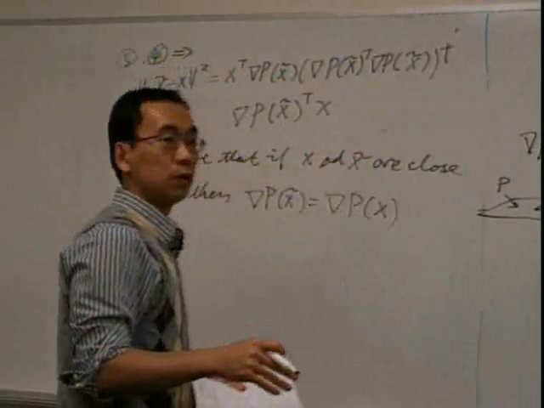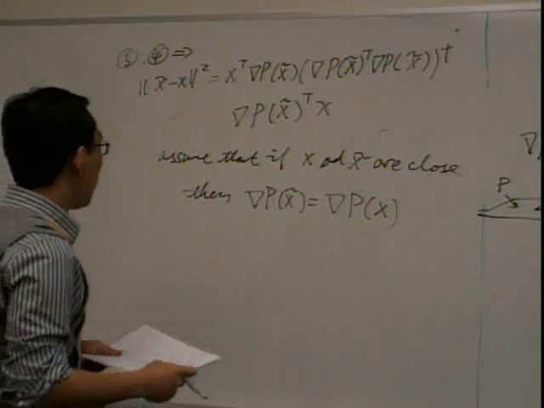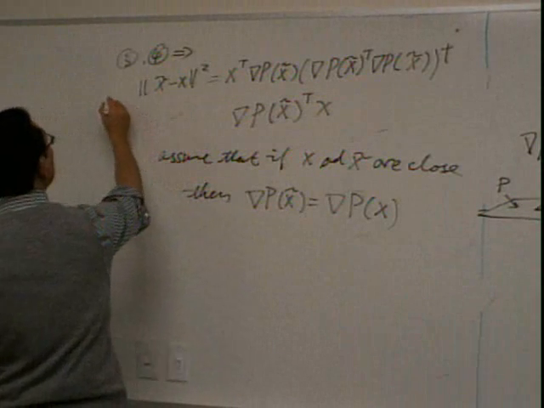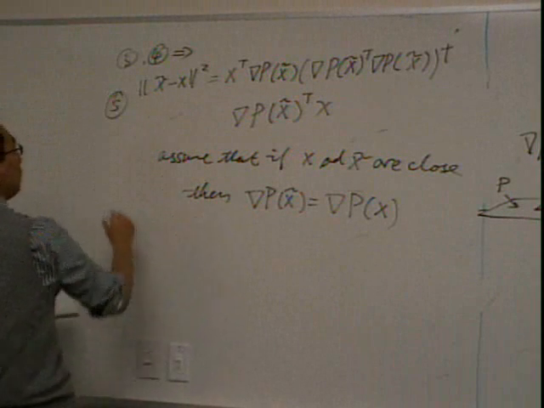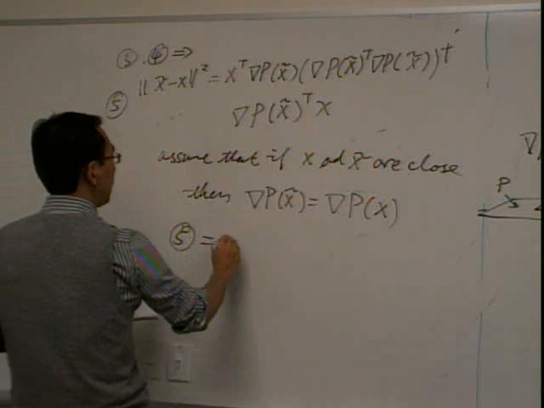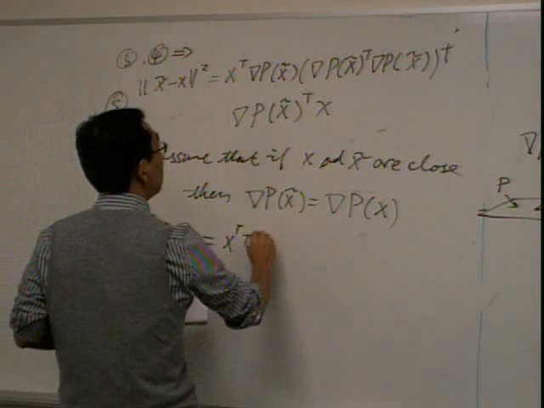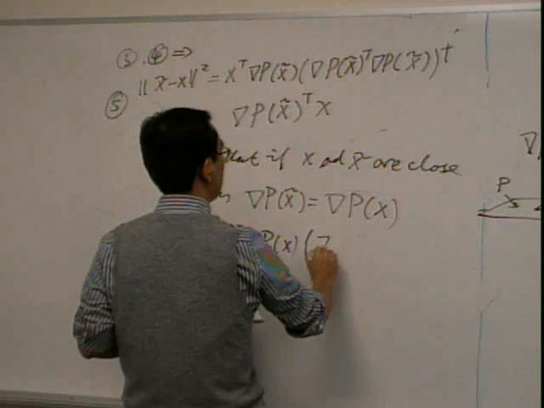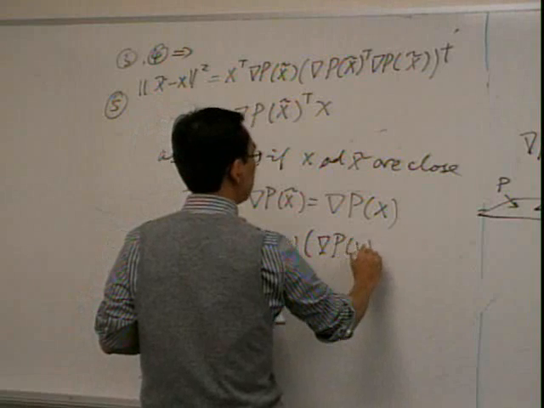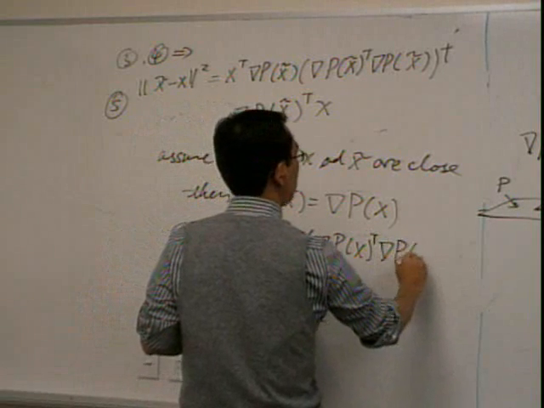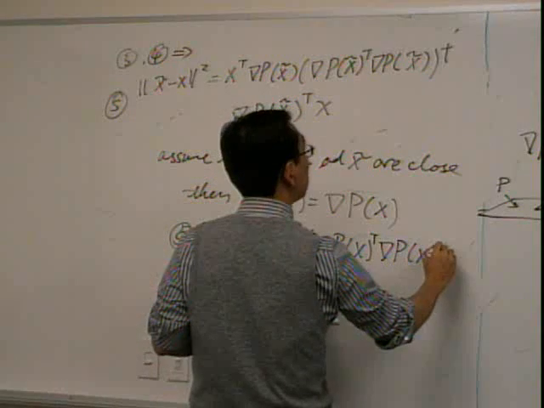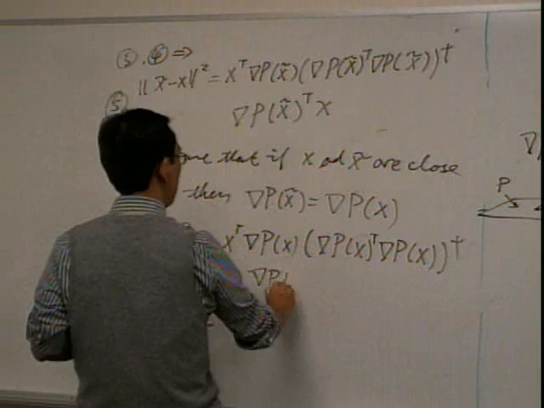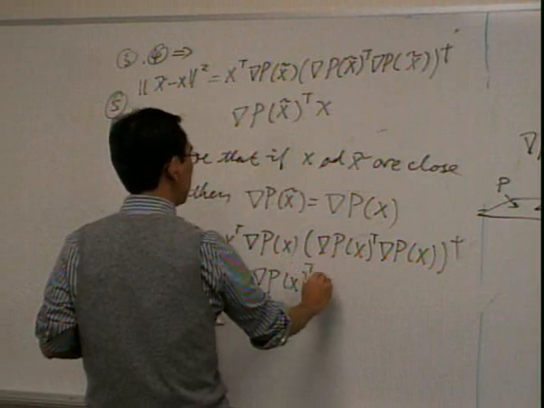So this is the first order approximation. And if you put that back, let's say equation 5 is equal to x tilde, the derivative of P at x, transpose, the derivative of P at x, pseudo inverse, times the derivative of P at x transpose x.